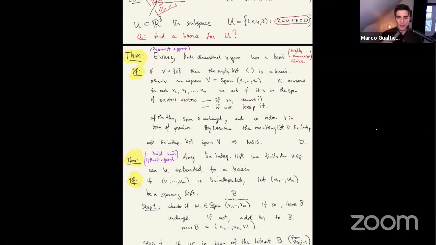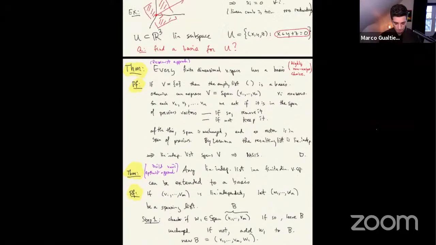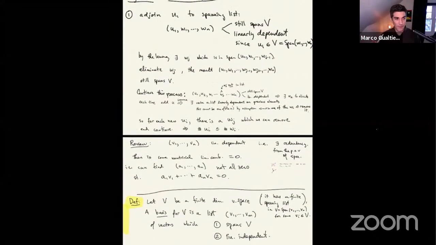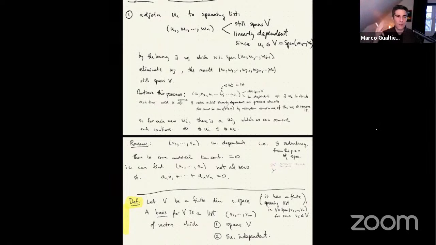Okay, and the definition of a finite dimensional vector space was that it has a finite list that spans it. So if you have a list, you can grow it in a finite number of steps, and then you are the size of the entire vector space. That's the definition of finite dimensional vector space.